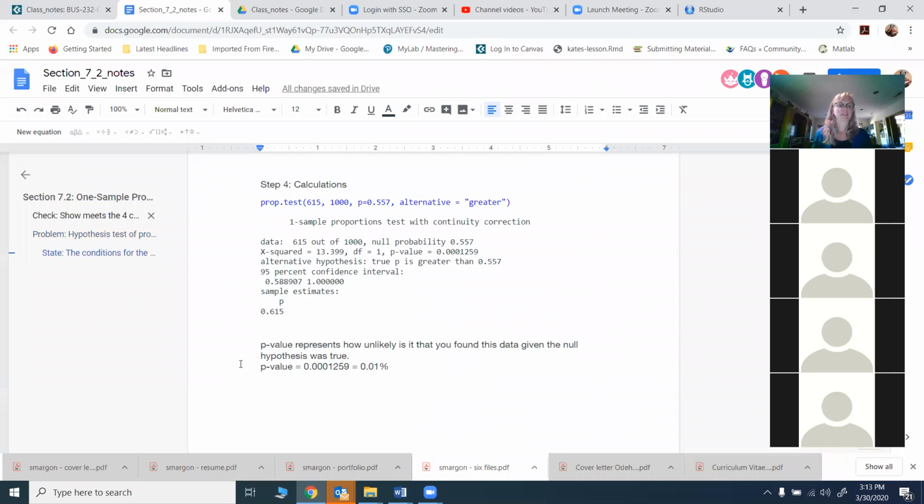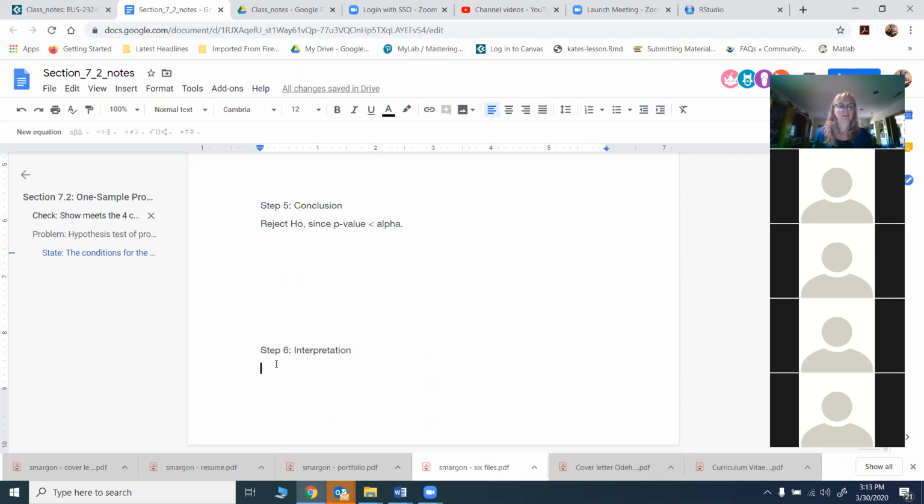My interpretation is there is evidence that the proportion of voters voting in the 2020 election is more than 55.7%.